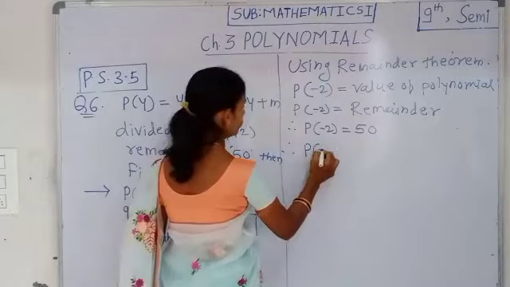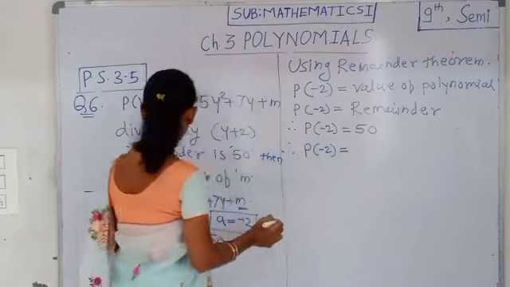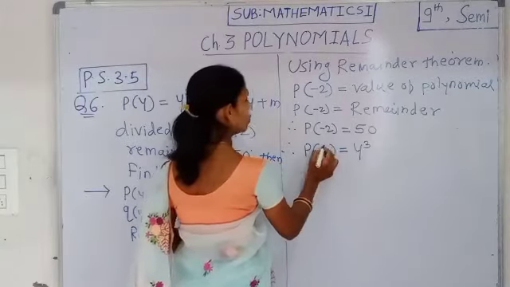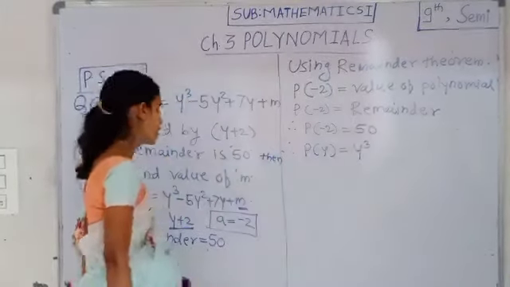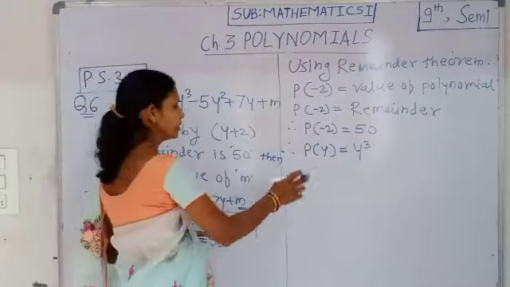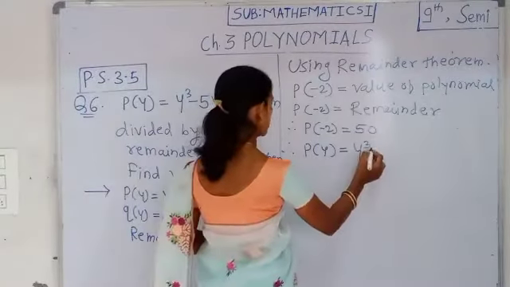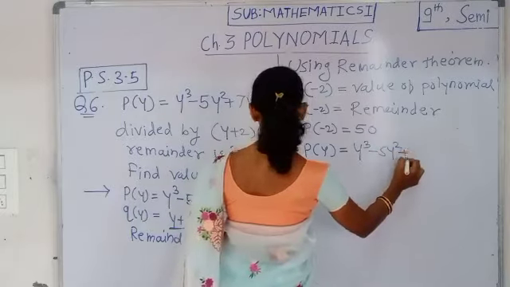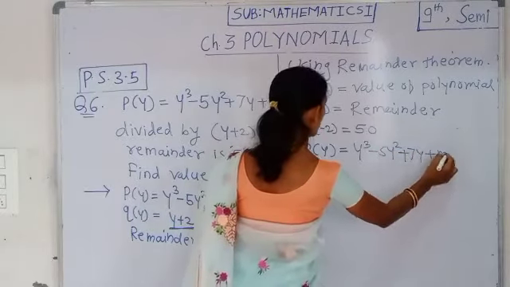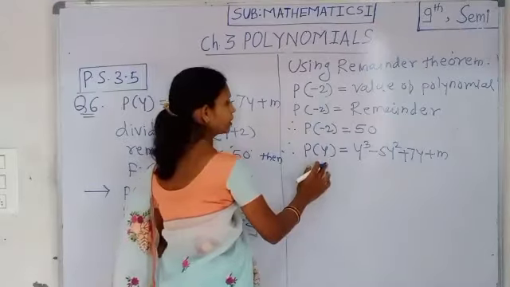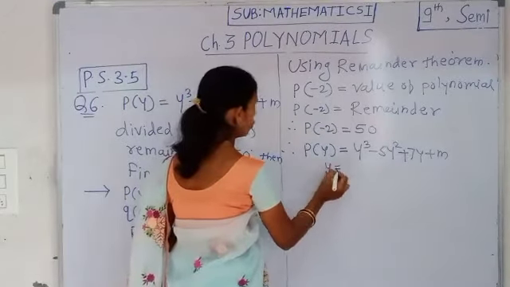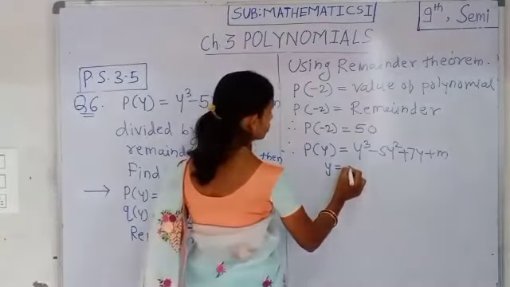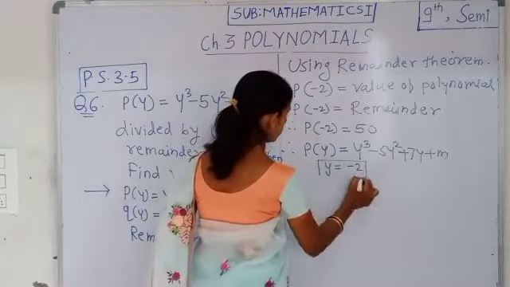Therefore, we have to write p(-2) is equal to, then we have to write y cube. First of all we have to write the polynomial in y variable which is given, that is the dividend. p(y) is equal to y cube minus 5y square plus 7y plus m. And here y is equal to, or a is equal to minus 2. Therefore, y is equal to minus 2.